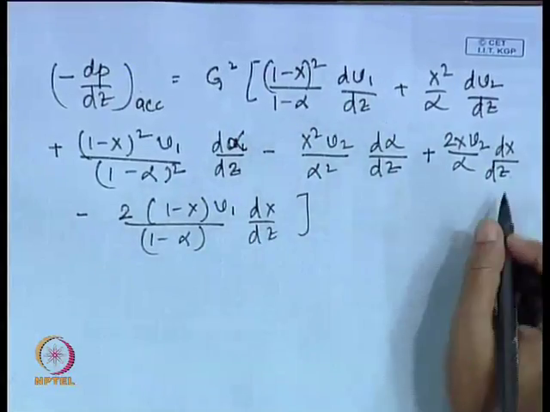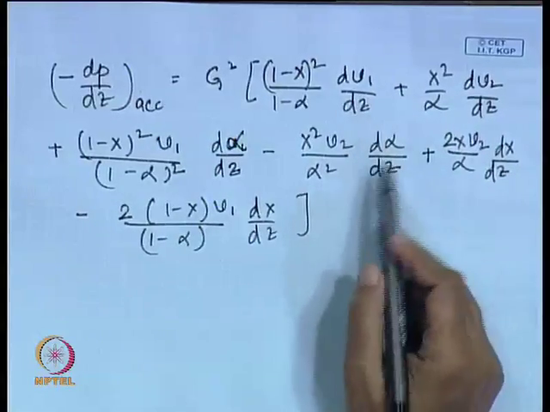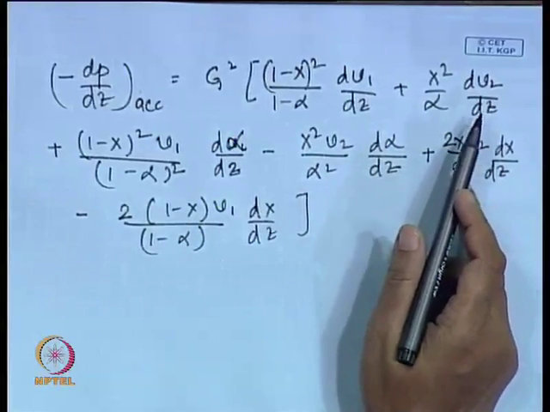So, therefore, there are 2 dx/dz terms, 2 d alpha/dz terms and 1 dv1/dz and 1 dv2/dz. This is all. Okay.